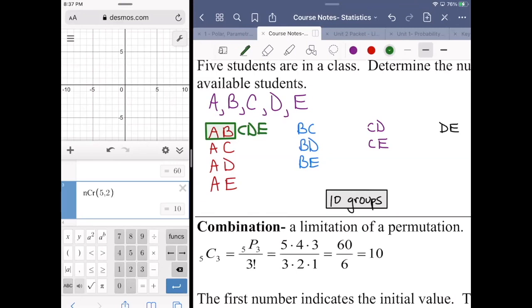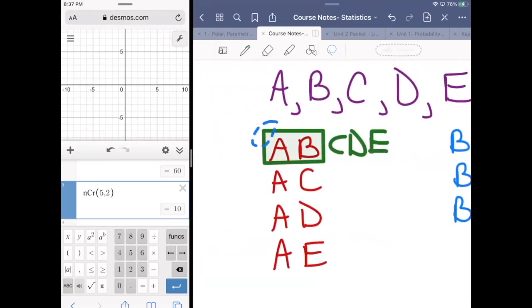You're creating 2 groups when you do that. You're creating a group of 2, the 2 students that are leaving the classroom, but you're also inadvertently creating a group of 3, which are the students that are being left behind. And really, if you think about it, maybe you're not inadvertently creating 2 groups. Maybe that's intentional. Maybe it's like, all right, I got to get rid of these 2 students.